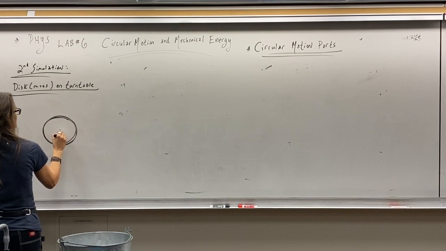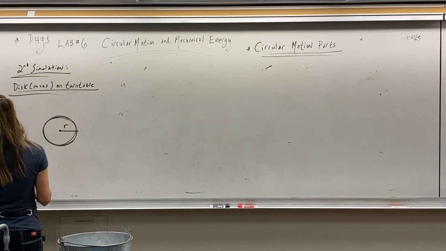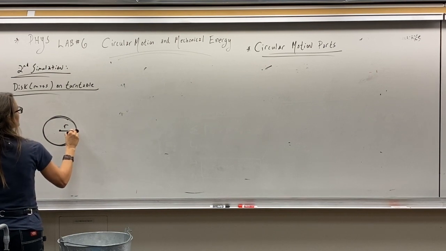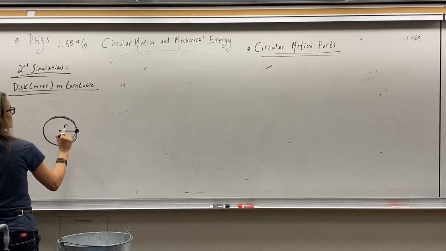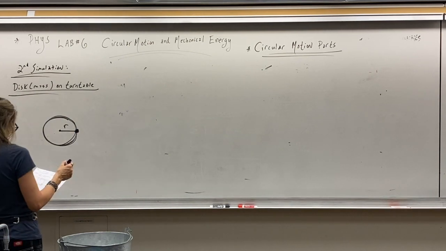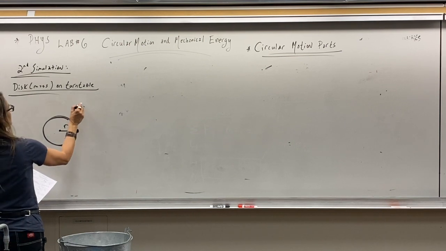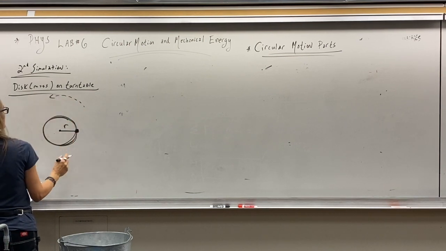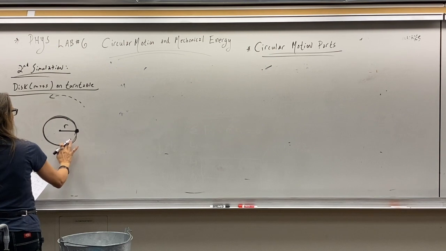We have a center of a circle and a defined radius. If we put this other disc, maybe a coin, here's a record, here's a coin, on a turntable, it's going to spin round and round. So it's going to have some sort of omega.